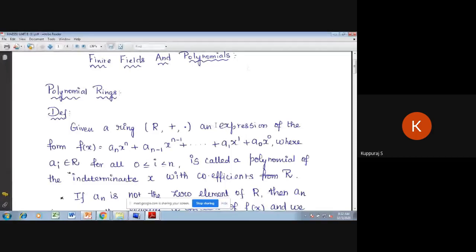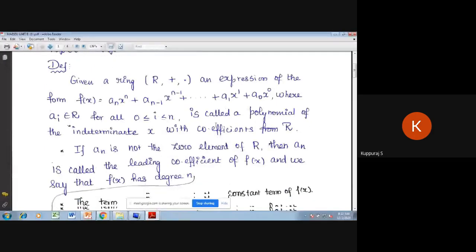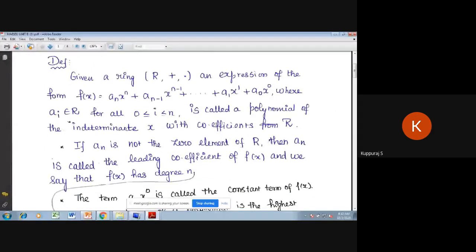The coefficient of x power n is named the leading coefficient of f of x, here a n. And a naught is the constant term of the polynomial since x power 0 is 1. So a naught is also called the constant element.